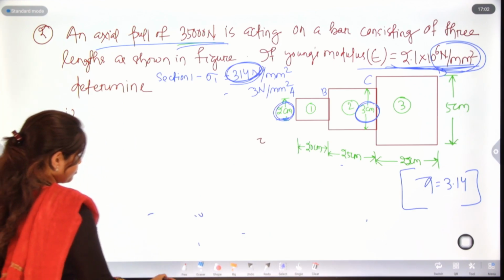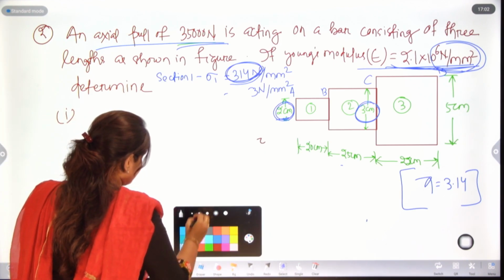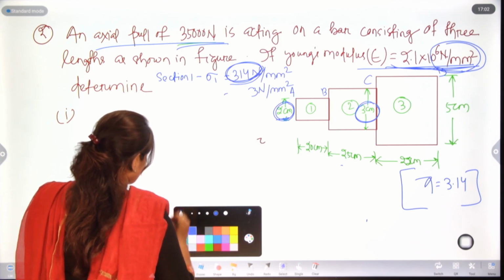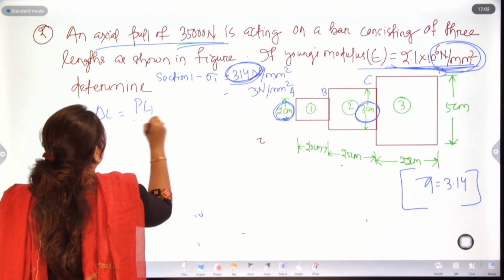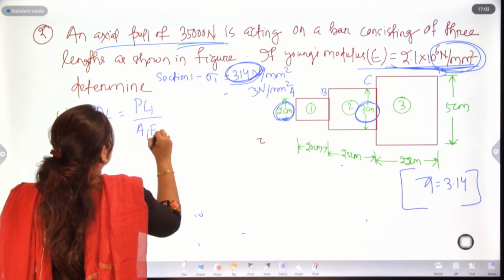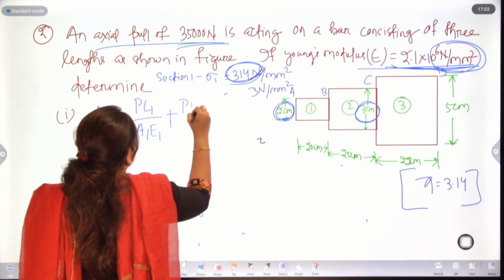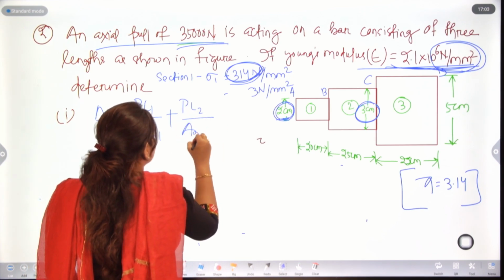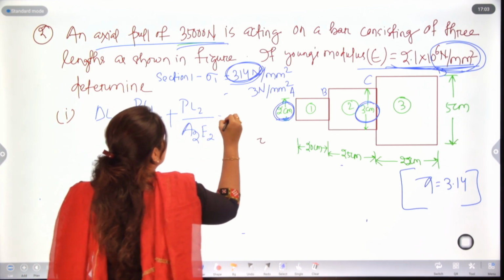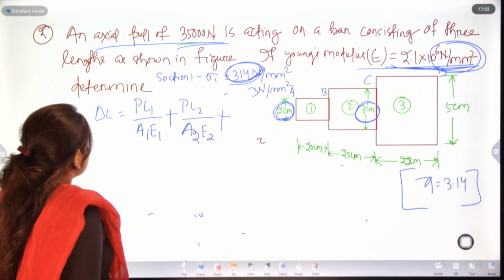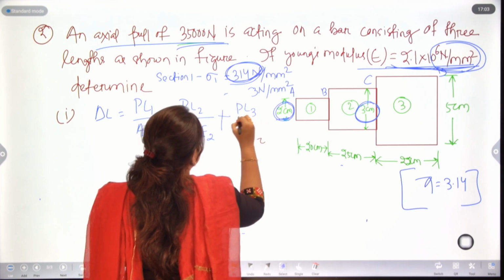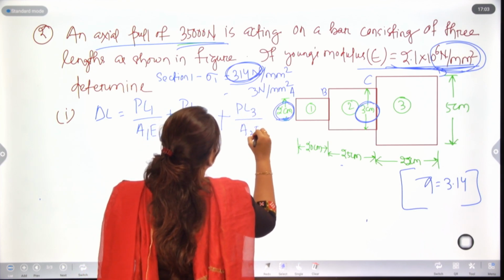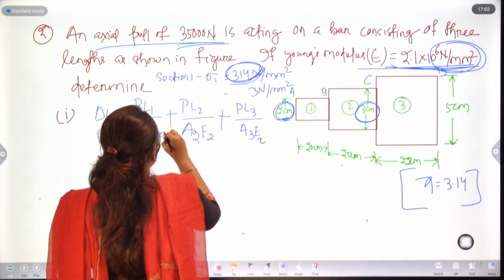To calculate the del L values, we know that PL1 upon A1 E1 plus PL2 by A2 E2 plus PL3 upon A3 E. Sorry, E is your constant.